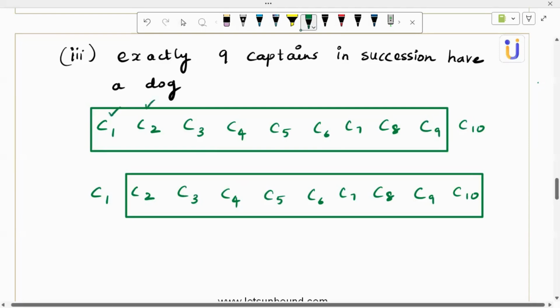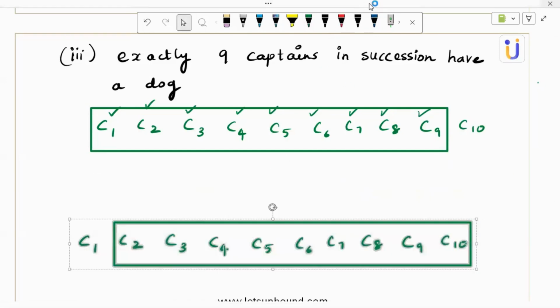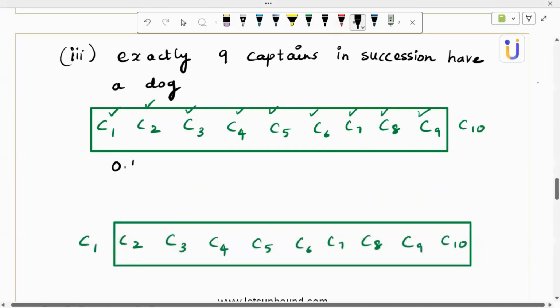These are success, probability of success. And the 10th captain should not own a dog. That is the important thing. So the first one will go like this. You will apply the product rule here. So 0.68 power 9. The probability of success, power how many times? Consecutively 9 success times, then the probability of failure.